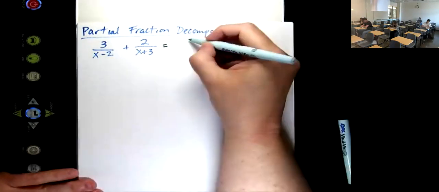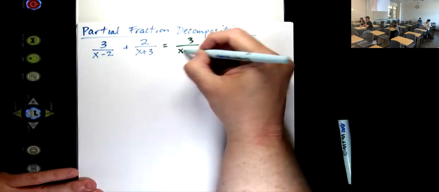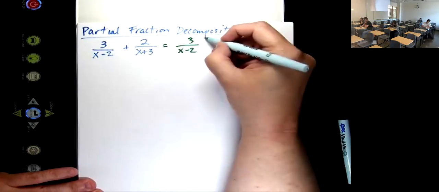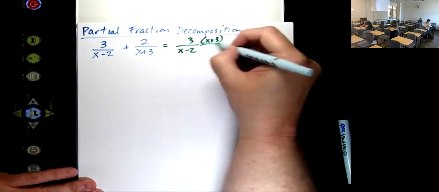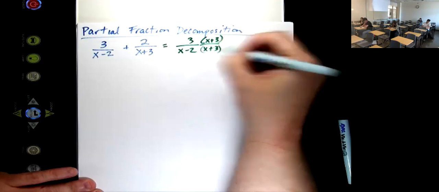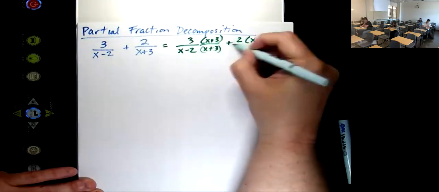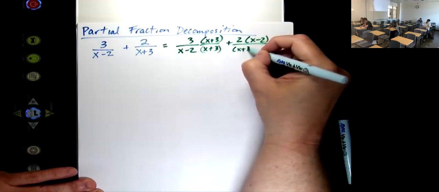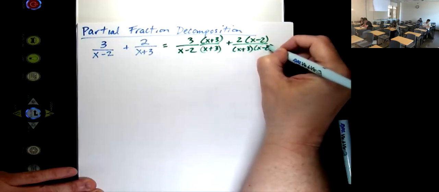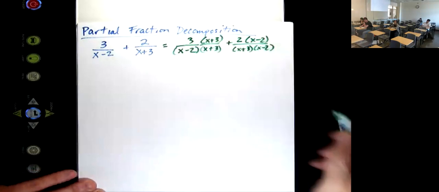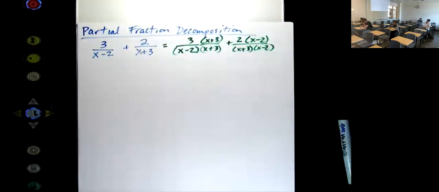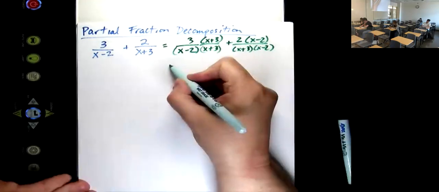I'm gonna take the 3 over x minus 2. I'm gonna multiply by the other denominator real quick. And I'll do the same thing for this one. I clean this up.